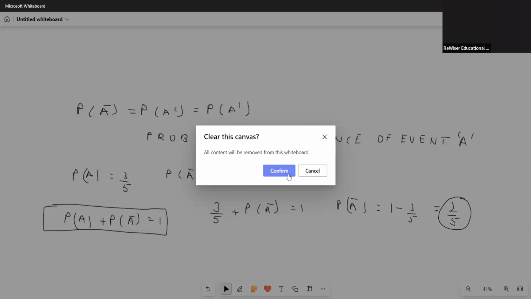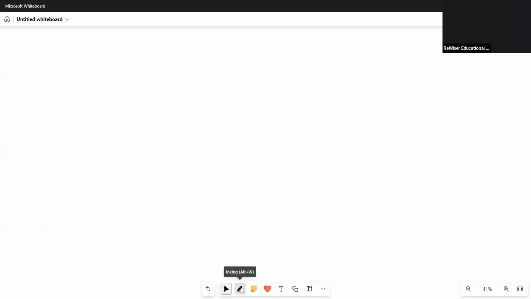Now, moving ahead from here, we go for a type of problem where we have to use sample space. For sample space, the type of problems are, suppose I say that 3 coins are thrown. What is the probability, part A, of getting 3 heads?